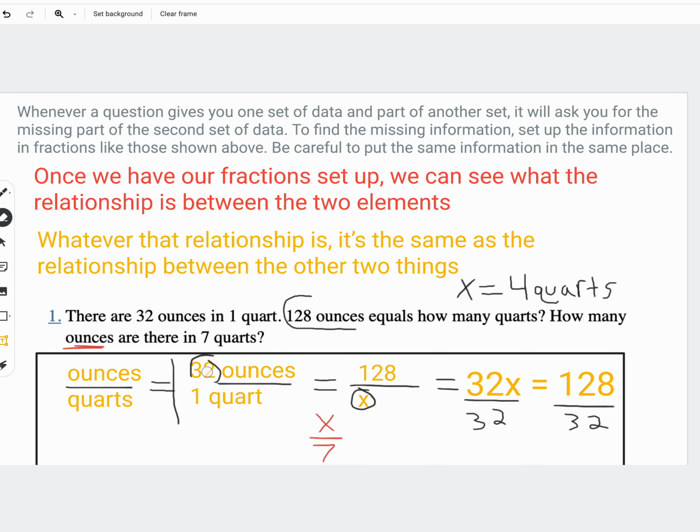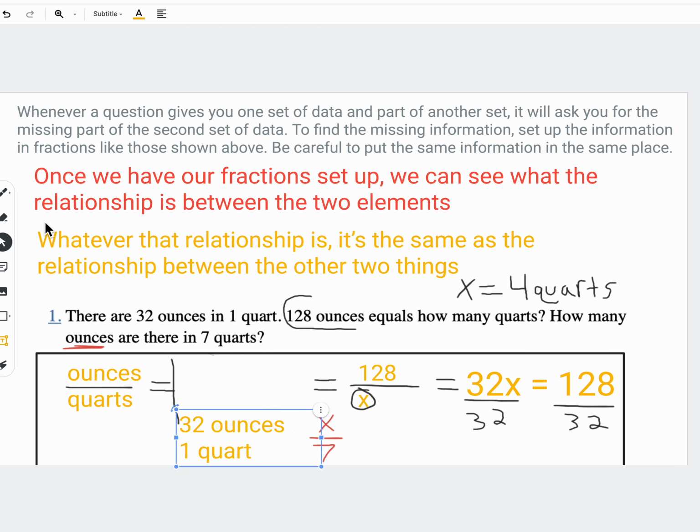Let's bring this down so we can easily compare. 32 ounces over 1 quart equals x over 7. Now we can use cross multiplication. 32 times 7 is 224.